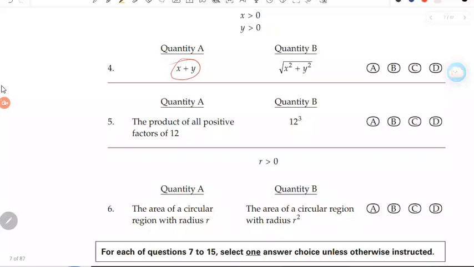All positive factors of 12 are 1 times 2 times 3 times 4 times 6 times 12. Versus 12 raised to the power 3. 4 times 3 is 12, 2 times 6 is 12, and 1 times 12 is 12. So they are equal. See.